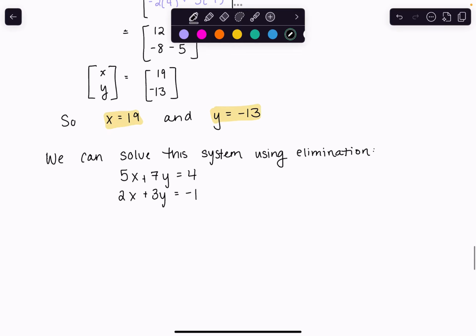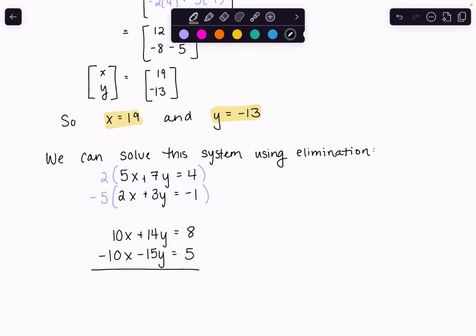Well, substitution's definitely not easy. Let's go ahead and eliminate the x. So I can get them both to be a 10 by multiplying by 2 and 5. One has to be positive, one has to be negative. So let's do negative on the bottom. The top equation multiplied by 2 gives us 10x plus 14y equals 8. Then the bottom is -10x minus 15y equals 5.